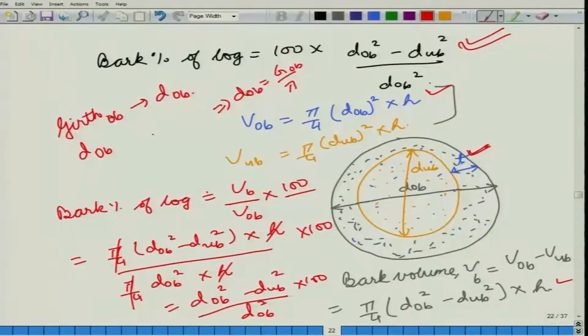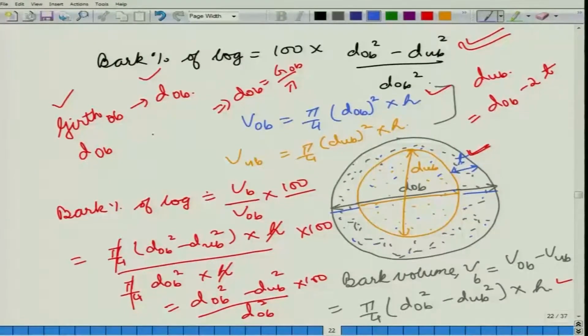So, we can get the girth and we can get the diameter over bark, but we are interested in the diameter under bark. This we can get by subtracting twice the thickness from the diameter over bark, because in this diameter over bark we have the diameter under bark and we have a thickness T here and a thickness T here.